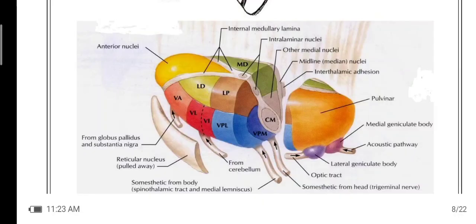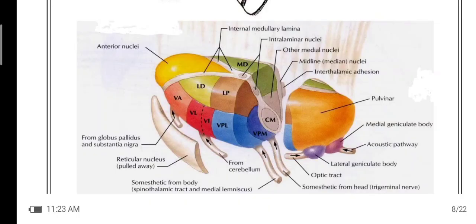The posterior group of nuclei is divided into two subgroups, namely the pulvinar and the metathalamus, and the metathalamus includes the medial geniculate body and the lateral geniculate body.